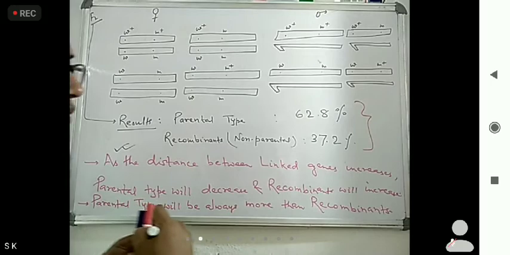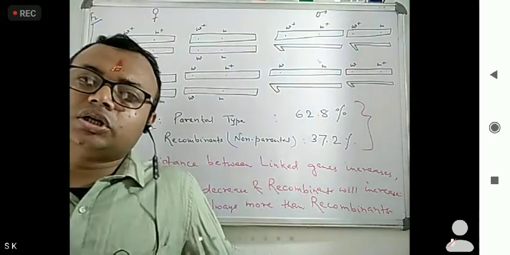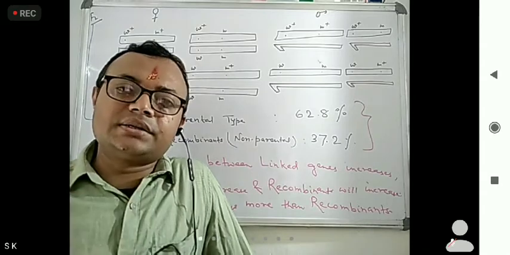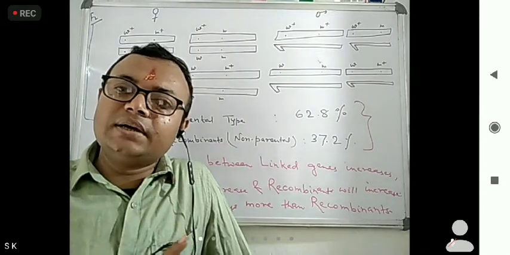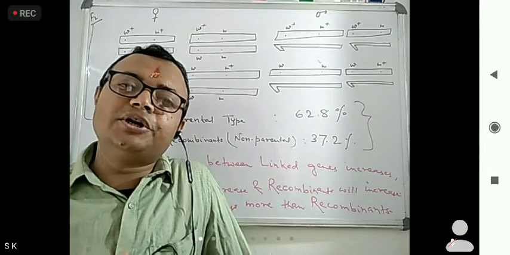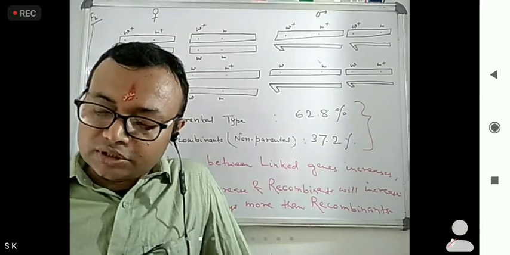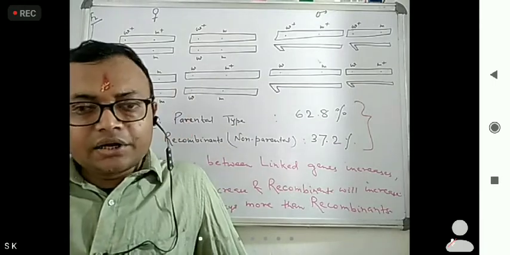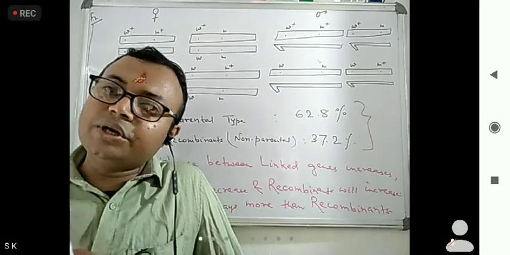If questions come that Morgan conducted a dihybrid cross with the characters body color and eye color, what was the result? The result was parental 98.7% and recombinant 1.3%.